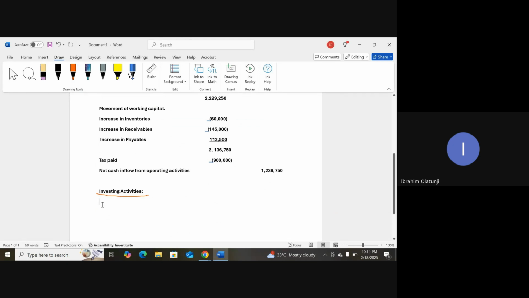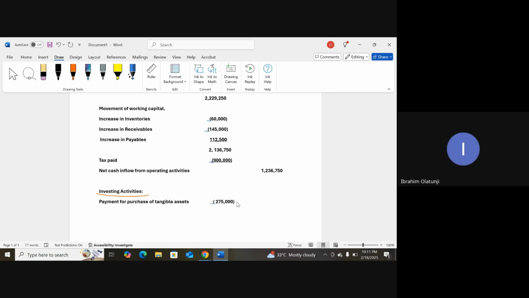You can see now that's the payment for purchase of tangible assets, 275,000. So you have to put it in brackets because the money is going out. Hope it's clear.